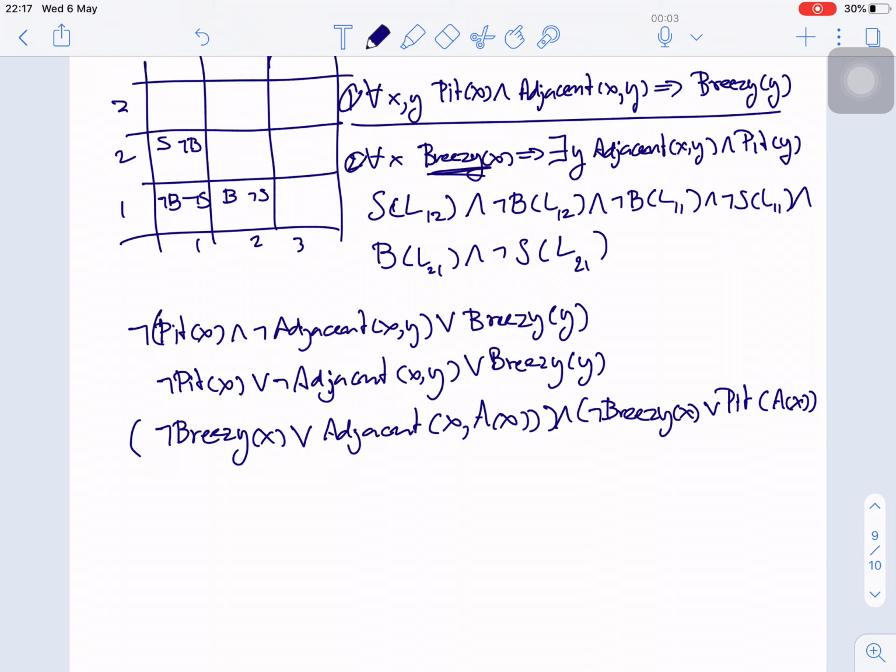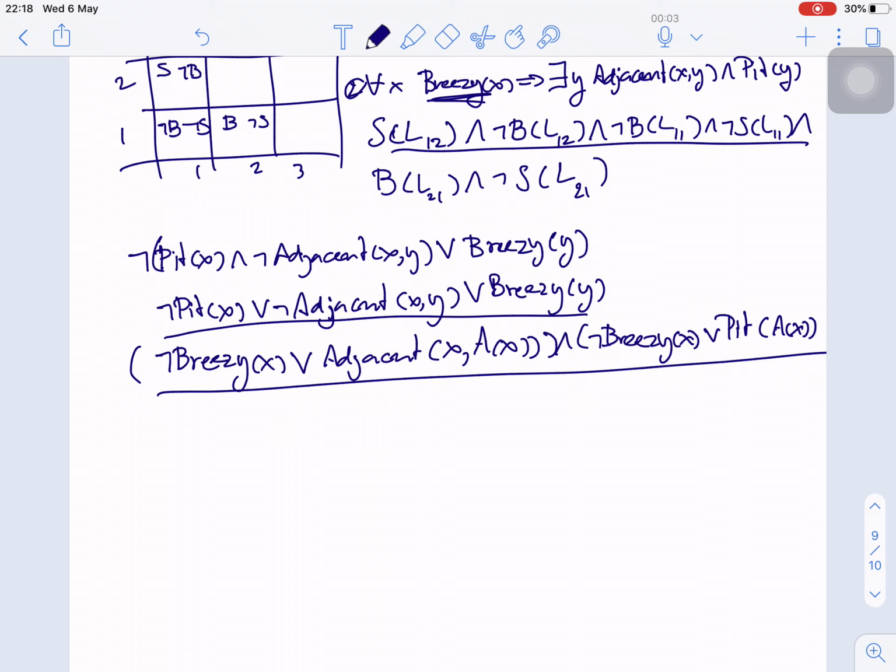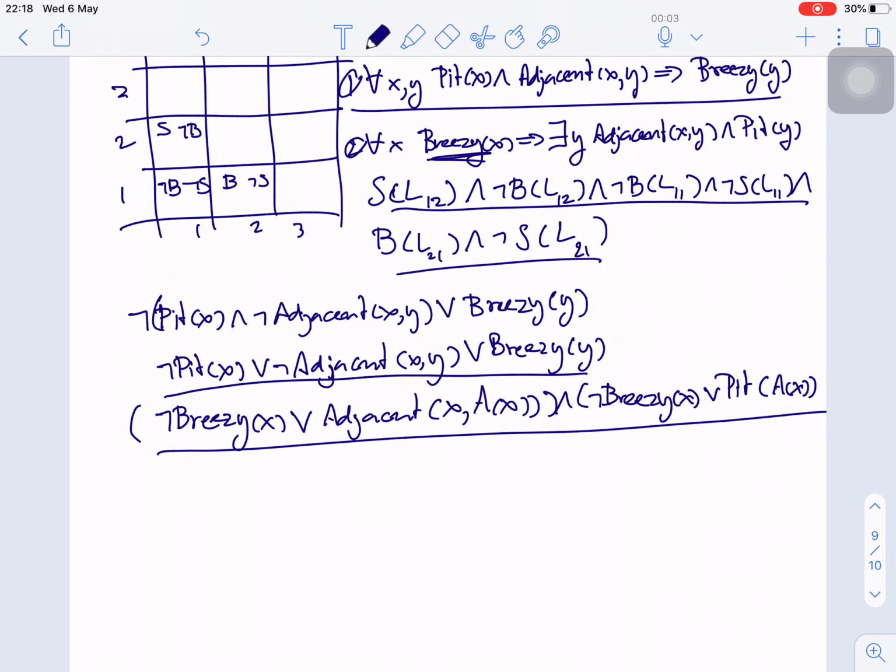Okay, so now we can use these statements combined with this to find the truth of some sentences, like the one that you want to prove. For example, because we are working with the sentence of pit and breezy, we will use this situation that we have to check.